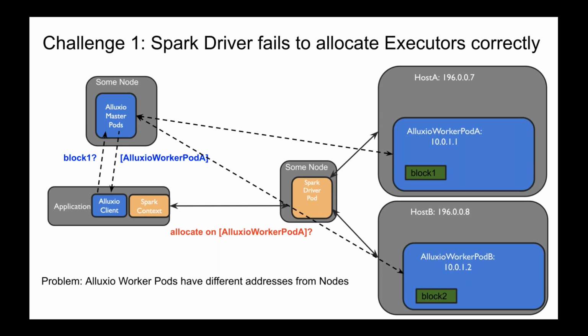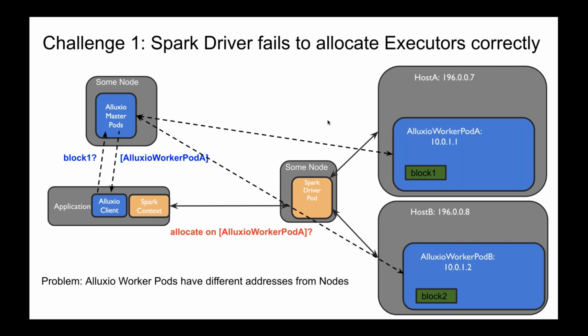However, in this Kubernetes world, we see some challenges brought by this new containerized environment. The first challenge is that the Spark driver is not able to allocate the executors correctly without smart configuration. And why is that? In this new environment, we have Alluxio workers running in pods.